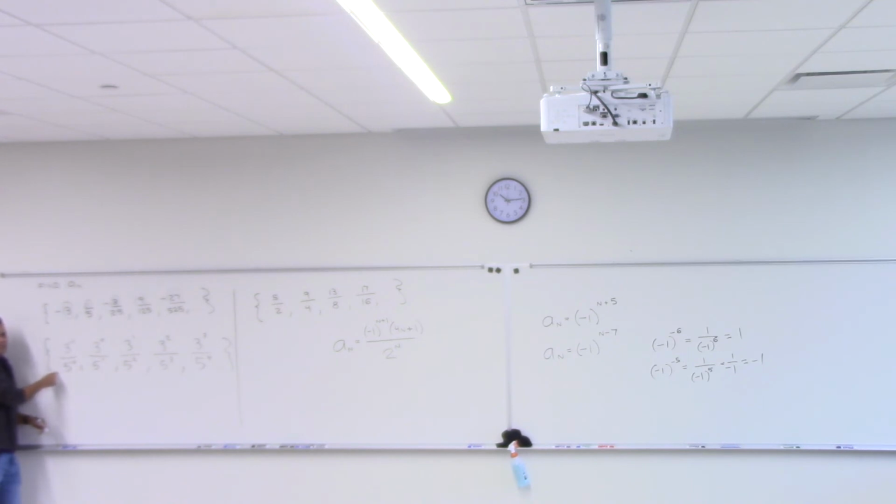Oops, I messed up. You know what I was trying to do? I should have put a 5 on top and then a 3 on the bottom. That's what I should have done. But it's okay. So my mistake, change that to a 1/3. Now it works.